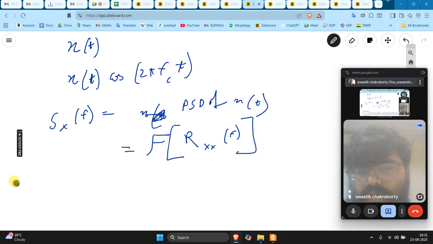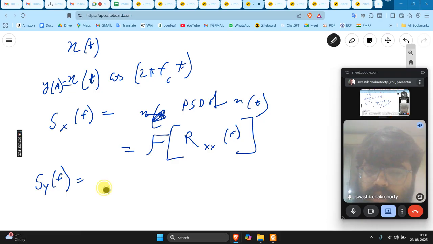Now if we take this to be y(t), then what is Sy(f)? Sy(f) is just the Fourier transform of Ry(tau). Now what is Ry(tau)?